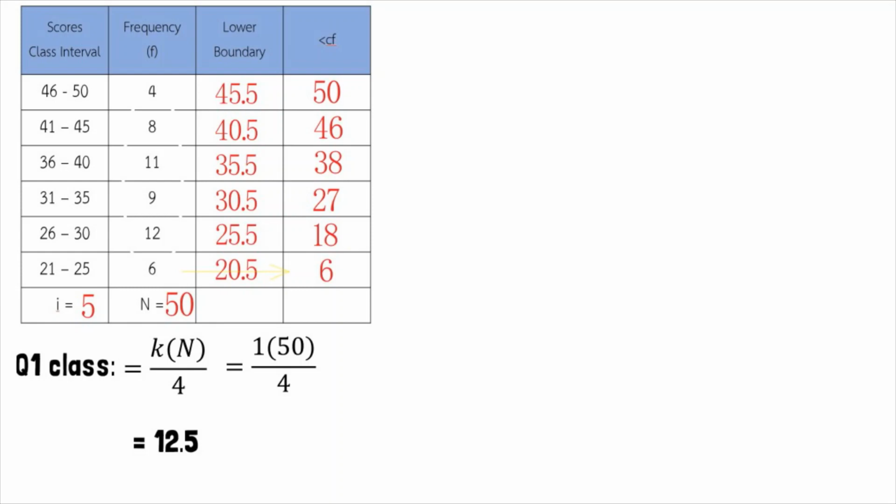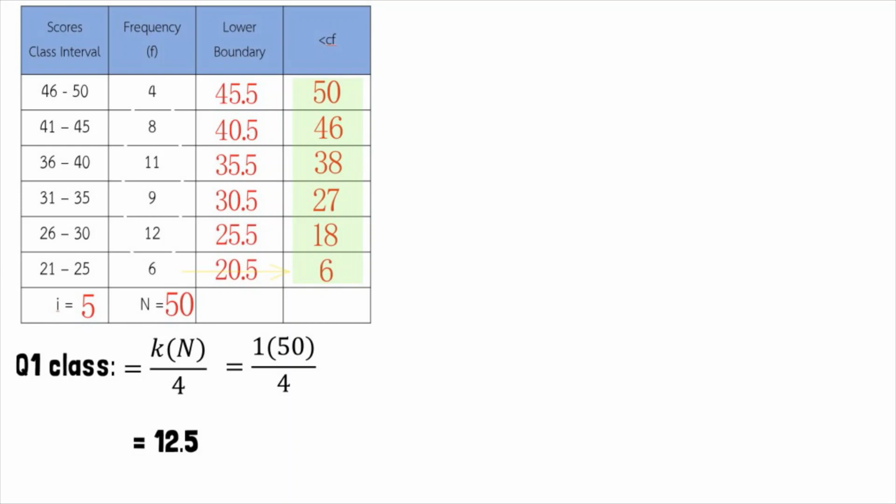Para naman ma-determine natin kung nasaan ang posisyon ni Q sub 1 class, titignan natin si less than cumulative frequency. So ang less than cumulative frequency natin must be equal or greater than 12.5. Starting with the first class, we can see na ang kanyang less than cumulative frequency is equal to 6. 6 is less than 12.5.